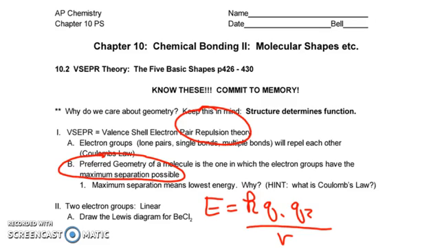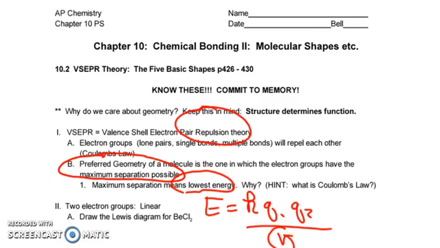So if they have like charges, the potential energy is positive, and it will decrease as the particles get further apart. Why? Because look at this term right here, because of the R. With R in the denominator, a larger R will decrease that whole amount and the energy decreases. So the maximum separation means lowest energy, greater stability.